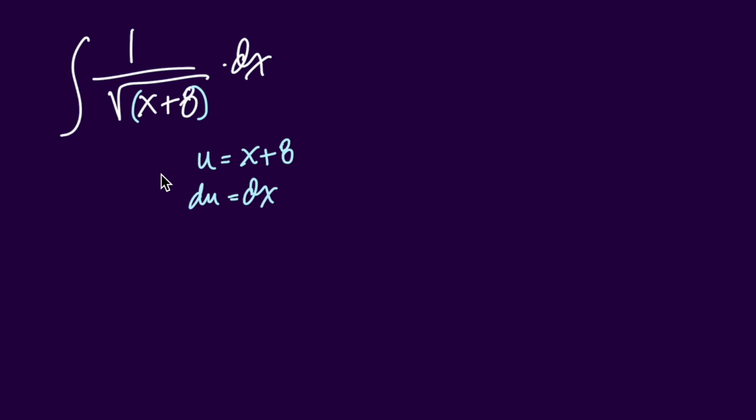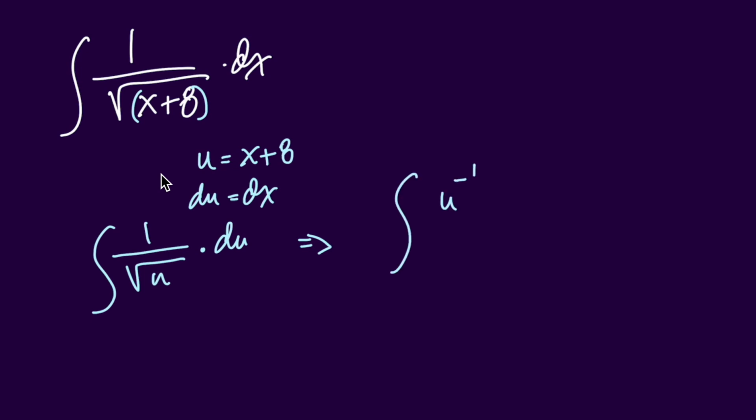So we're going to have 1 over the square root of u times du. This is going to be the integral of u to the negative 1/2 du. To do our antiderivative, we're going to add 1, which is going to add 2 over 2 to make this 1/2.